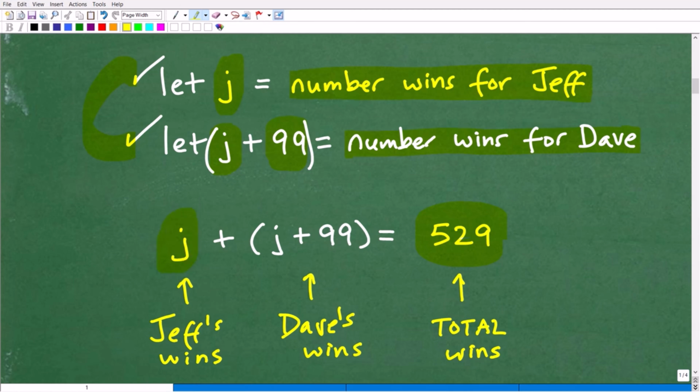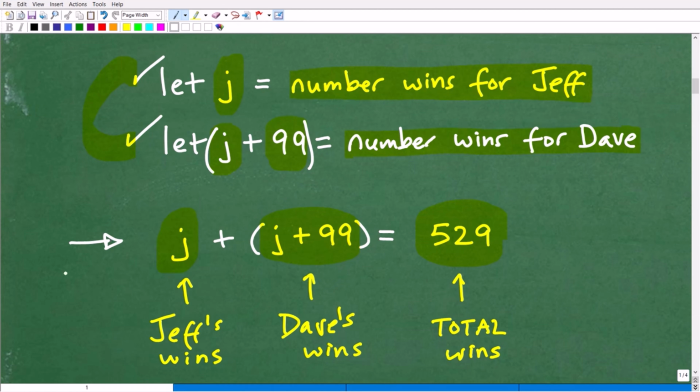So the number of games that Jeff won, that was J, plus the number of games that Dave won, which is 99 more than Jeff's, so that's J plus 99. These two together are a total of 529. So this is our equation, and now we want to solve it.